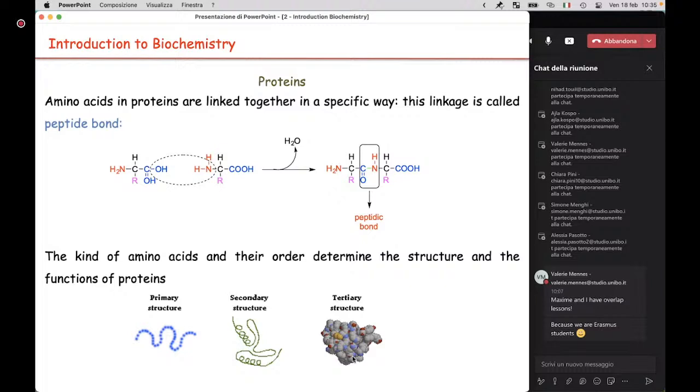Okay, and at this point, when we obtain a three-dimensional molecule with several different features over the surface, over the internal part, that the function of the protein becomes effective.